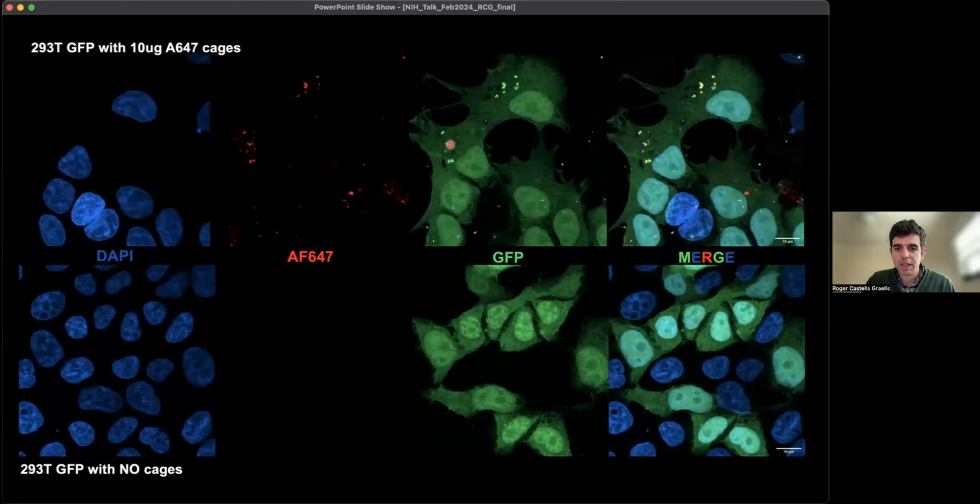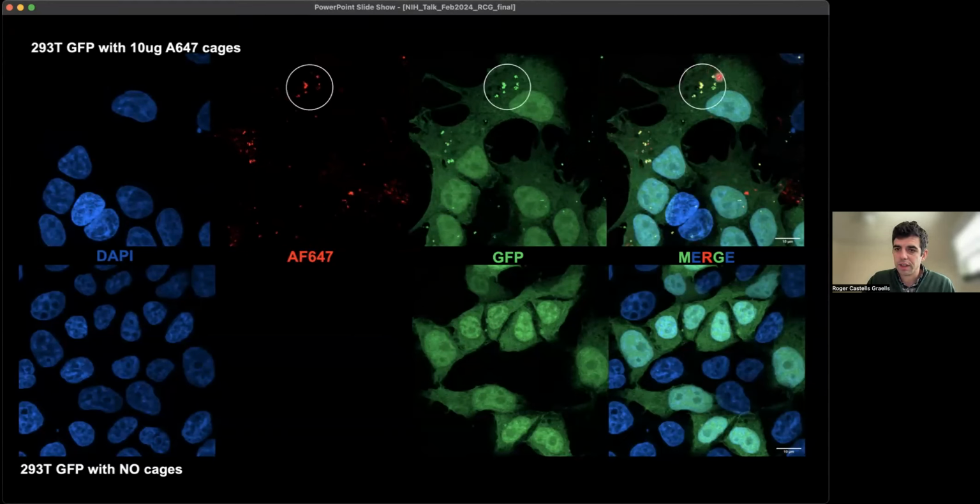And what you can see is that this green puncta start to form. And if we look at the Alexa Fluor 647 channel, which corresponds to the labeled protein cage, we can also see that there is this puncta forming, and we can see that there is co-localization between the two. So we see co-localization between the protein cages and now the cytoplasmic GFP that is interacting with them.